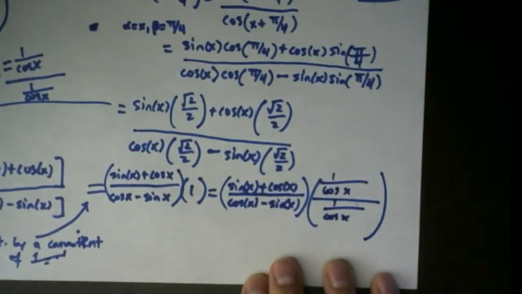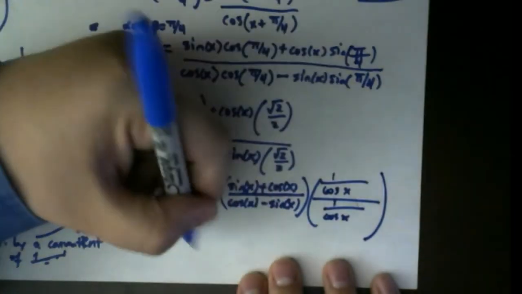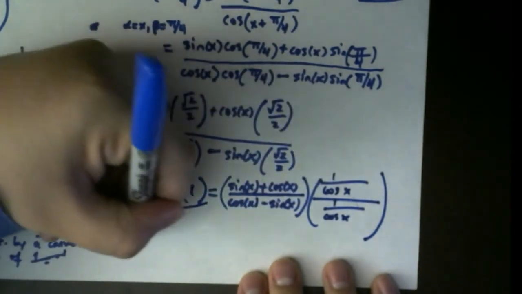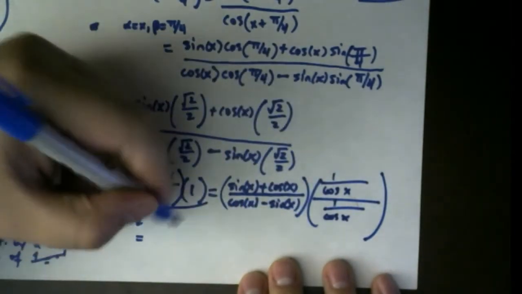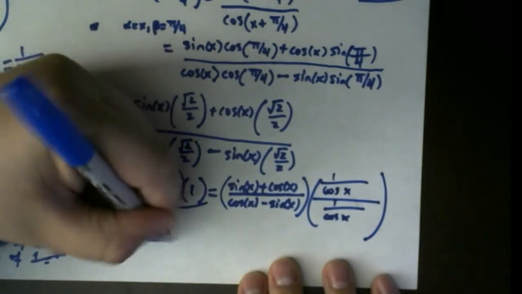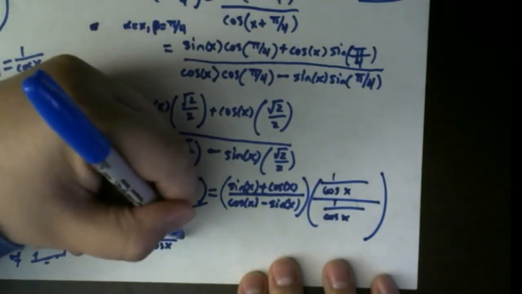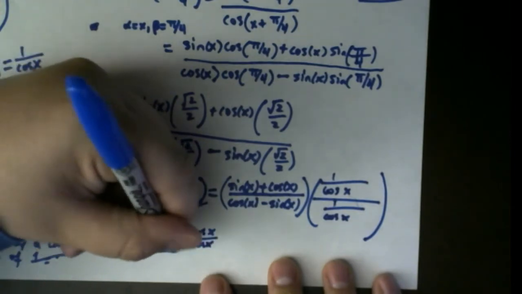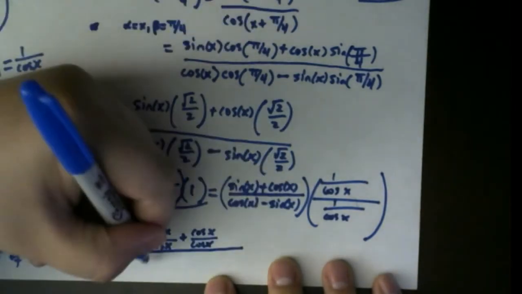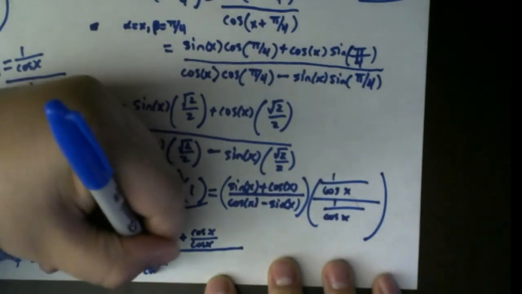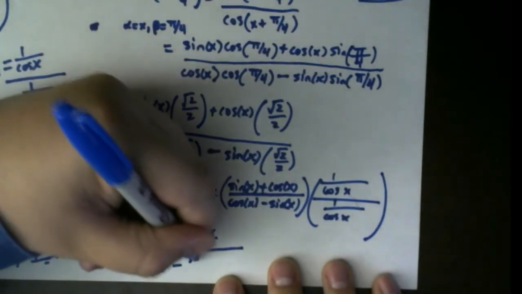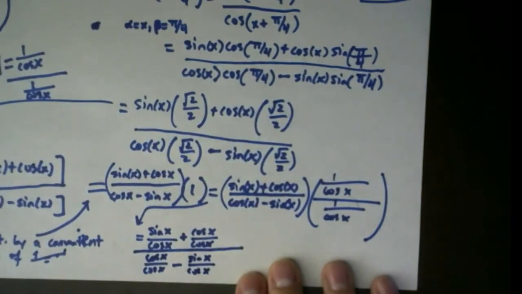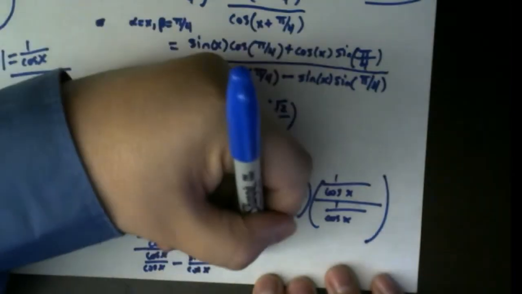That's great. And now if I multiply that in, I'll get sine x over cosine x plus cosine x over cosine x, divided by cosine x over cosine x minus sine x over cosine x. And at this point, I will end up with what I'm interested in.